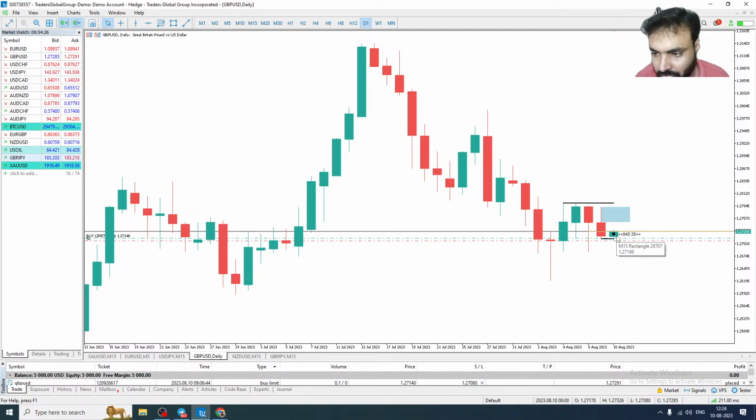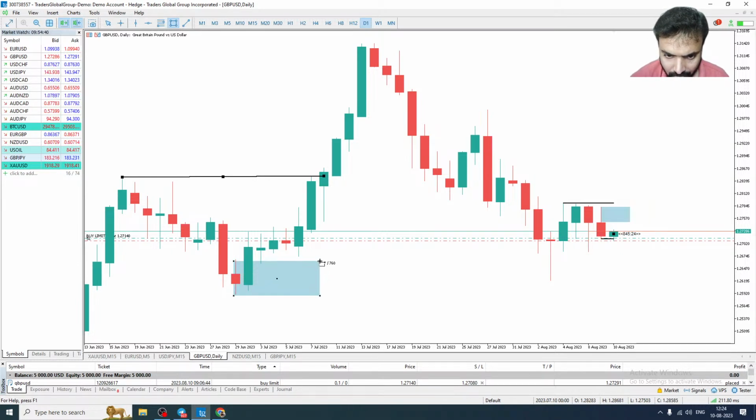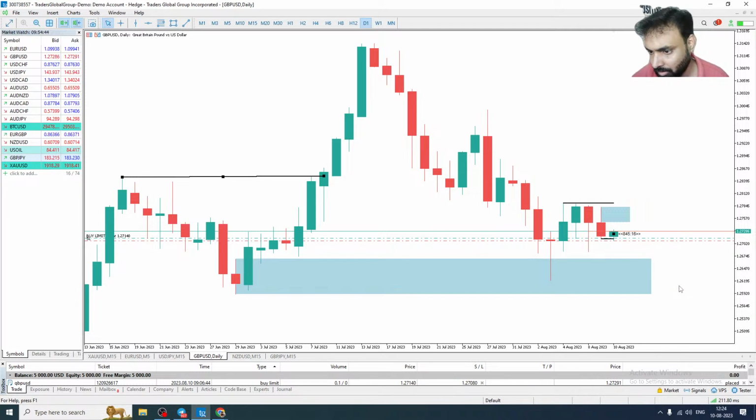So selling is the best option. In the daily chart, you can see break of structure. Then order block here, that order block tested here. And one more swing point here, that is also tested here. We have one more swing point here, that is tested here, this swing point.